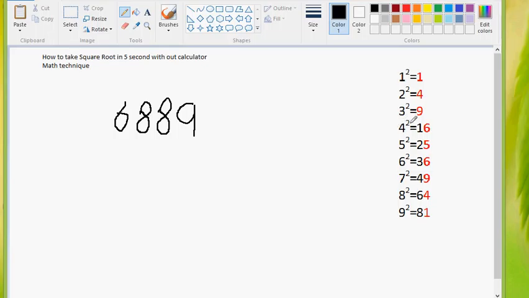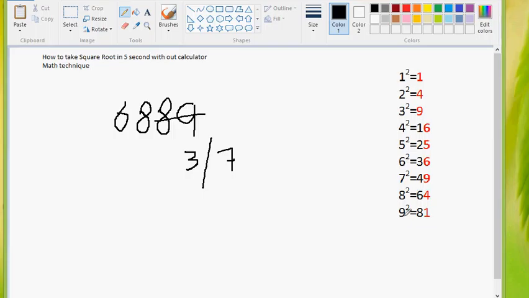So you have to choose both numbers, 3 and 7, because 3 square is equal to 9 and 7 multiplied by 7 is equal to 49. So you can choose also 7. Okay, and cut it.